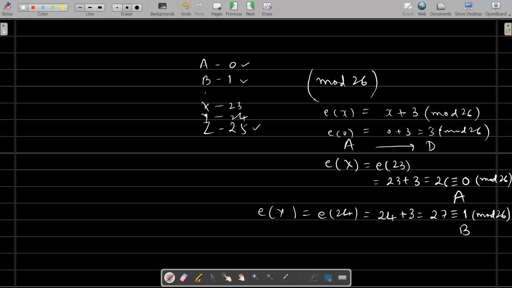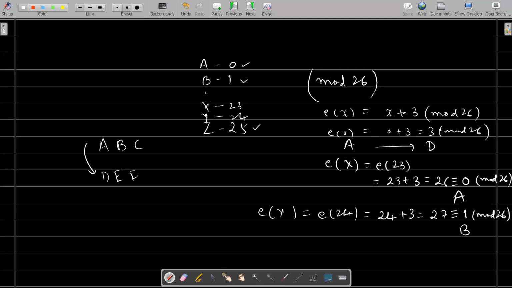Okay. So the idea is, suppose I have some word, say for example a simple word ABC, and it will get coded as DEF. So this is coding, right? Now, suppose I receive DEF from Alice, what should I do? I should go back 3 places backwards.